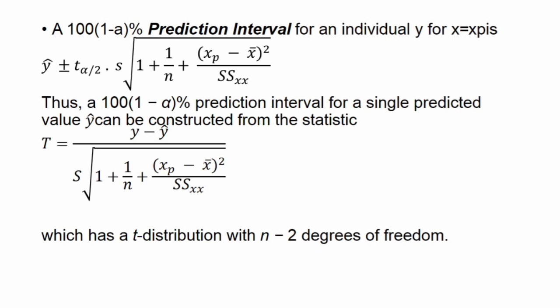Thus, a 100 times 1 minus alpha percent prediction interval for a single predicted value y hat can be constructed from the statistic t equals y minus y hat over s times square root of 1 plus 1 over n plus xp minus x bar squared over SSxx, which has a t distribution with n minus 2 degrees of freedom.